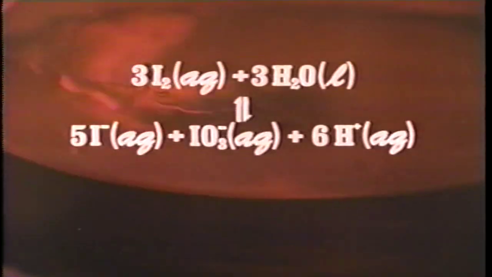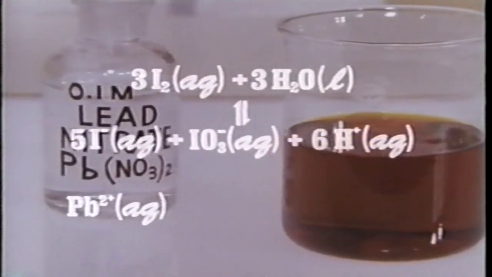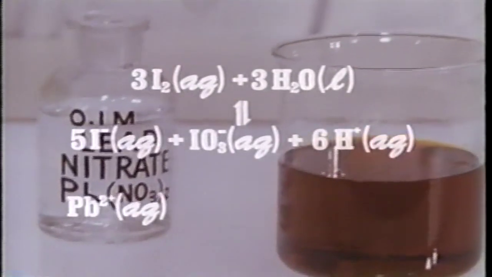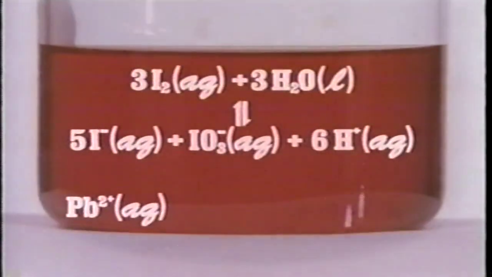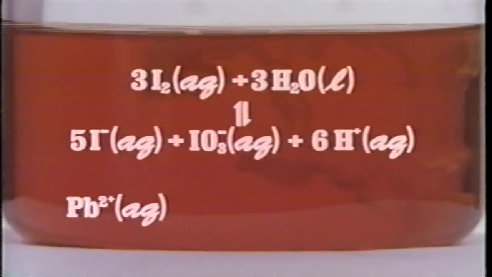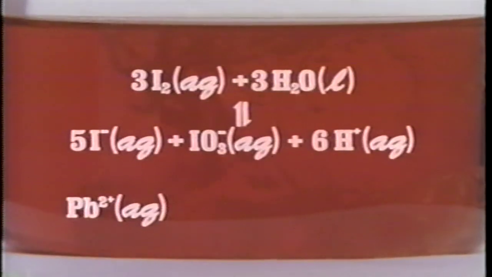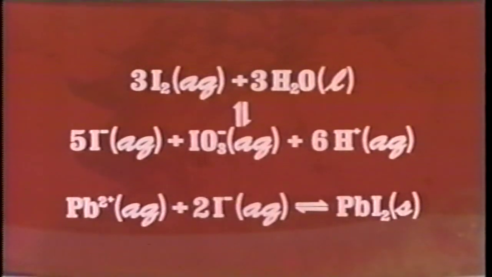Iodide ions can be detected by adding a solution of lead nitrate. Since lead iodide has low solubility, the presence of I- would be shown if a precipitate appears. The solid is lead iodide formed in the reaction lead ion plus 2 iodide ions gives solid lead iodide.